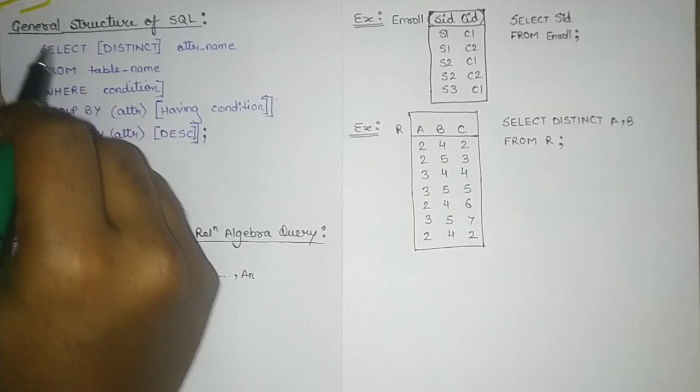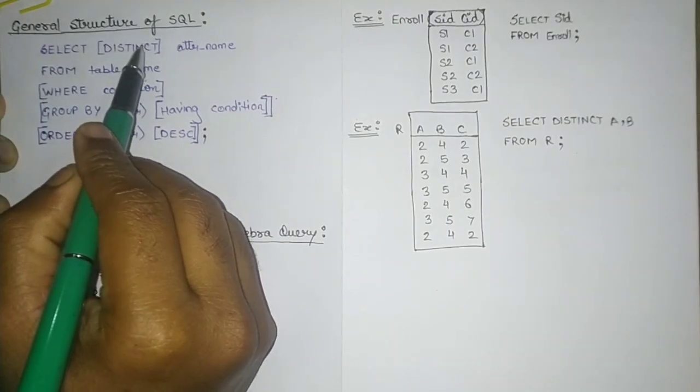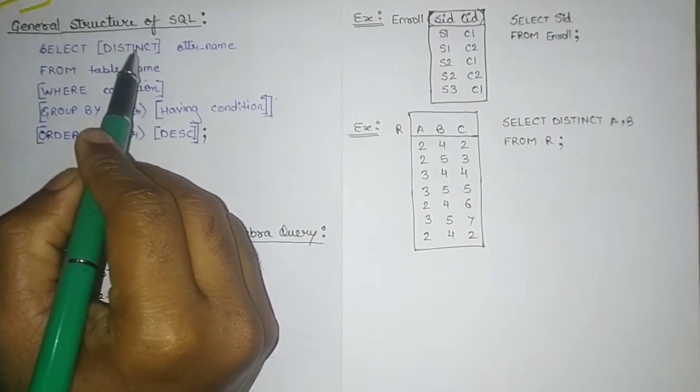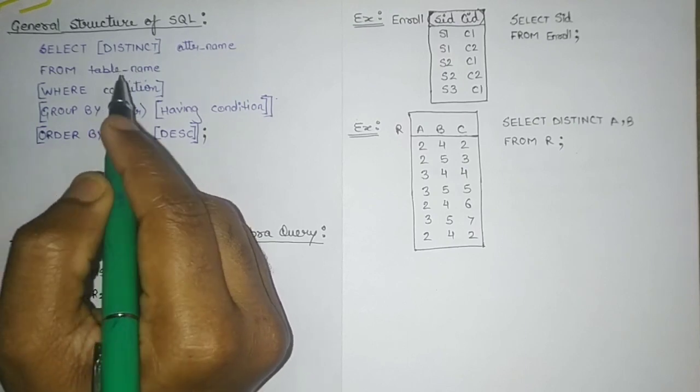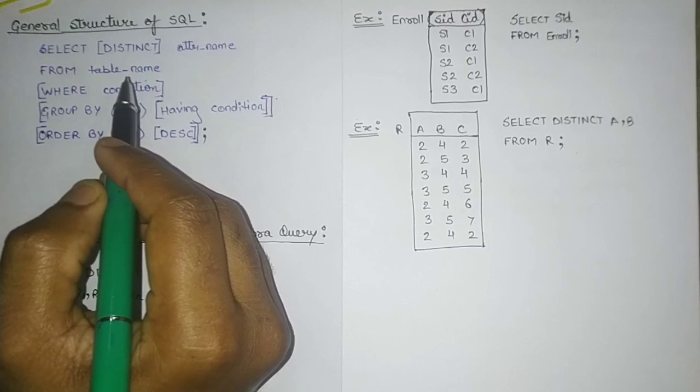See, this is the general structure of SQL. What is the meaning of the general structure? If you want to write any query, what should be the syntax?